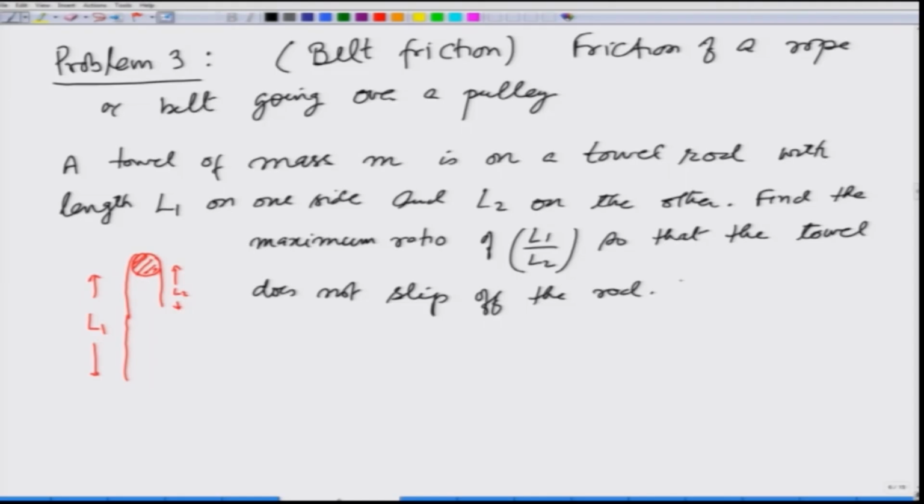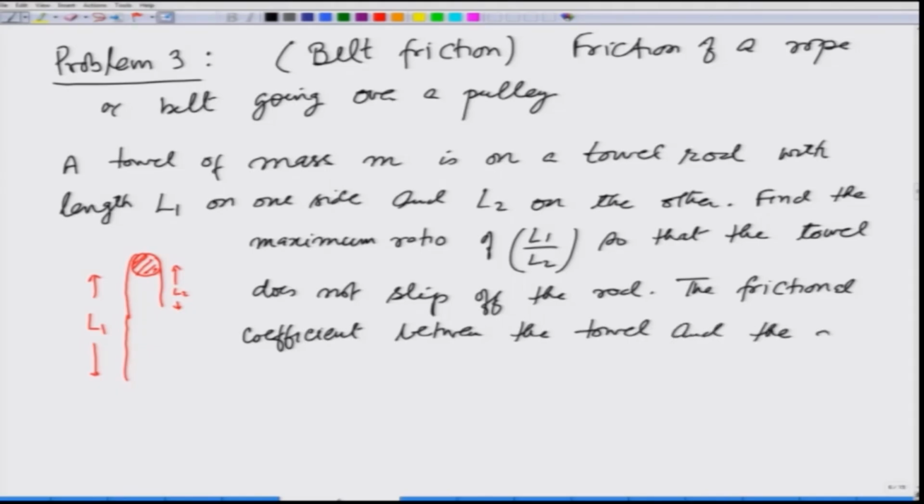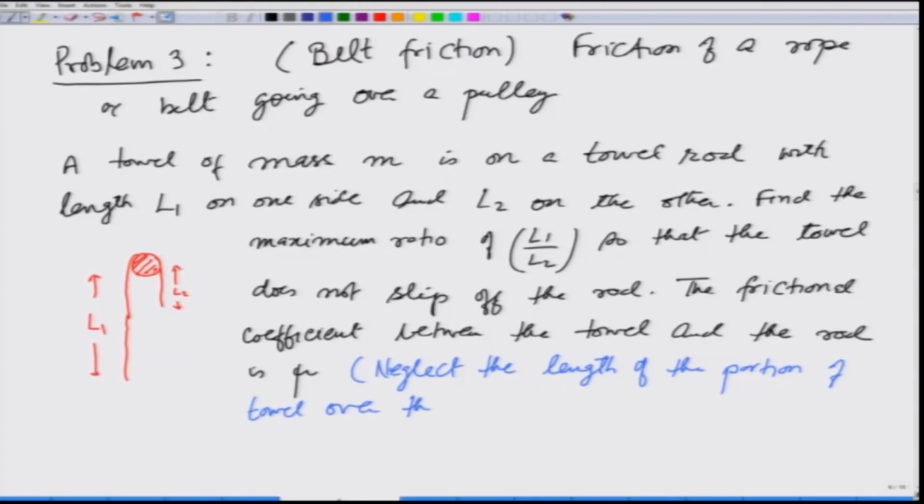The frictional coefficient between the towel and the rod is mu, and further what we are saying is neglect the length of the portion of towel over the rod.